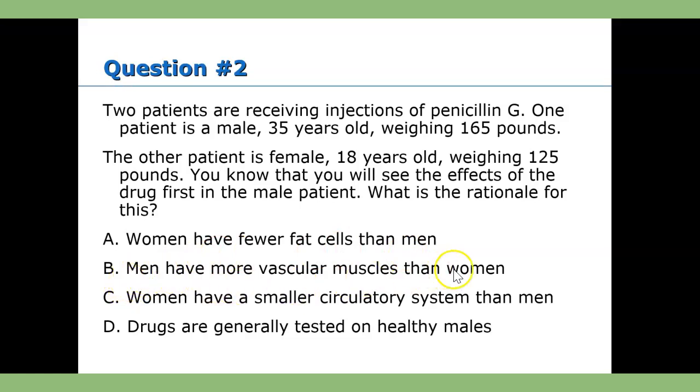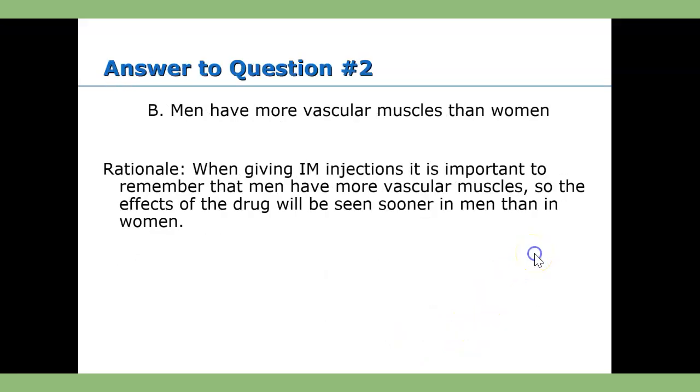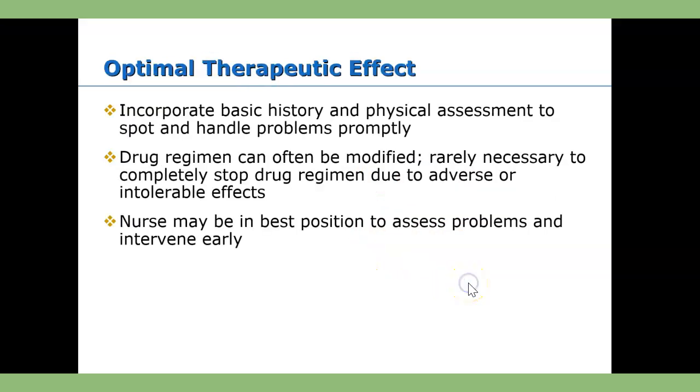B, men have more vascular muscles than women. C, women have a smaller circulatory system than men. Or D, drugs are generally tested on healthy males. So, ta-da, the answer is B. Men do have more vascular muscles than women. So the effects of the drug are going to be seen sooner in men than they are in women when giving an IM injection.